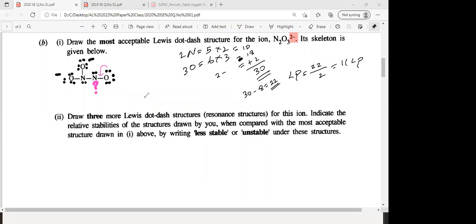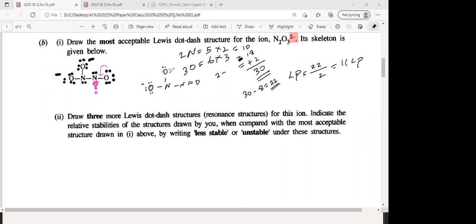Then I'll draw the structure again. Look at the screen. Oxygen, N, double bond O. This oxygen carries a minus charge and there will be 3 lone pairs.